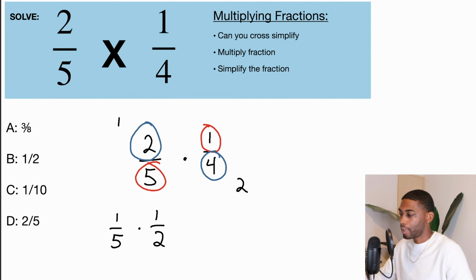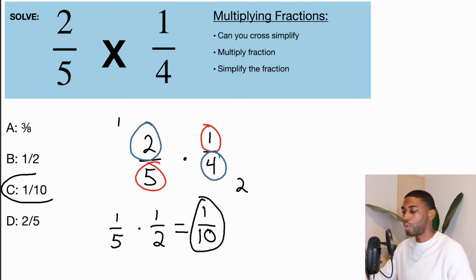We multiply going across. 1 times 1 is 1, 5 times 2 is 10. We know that this is the simplest answer, 1 over 10. C would be the correct answer.